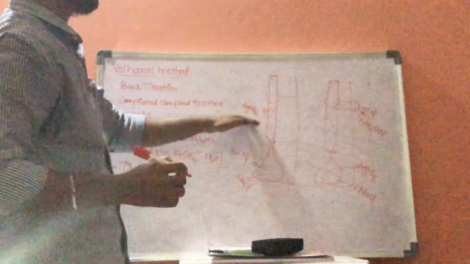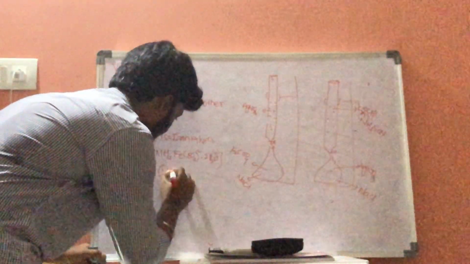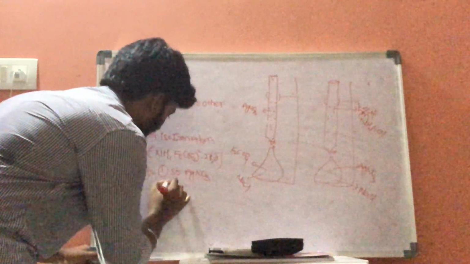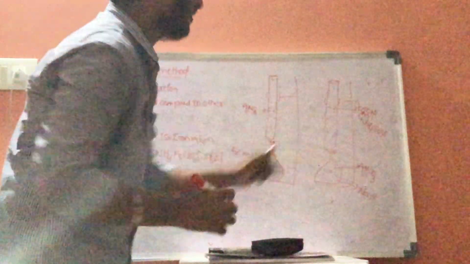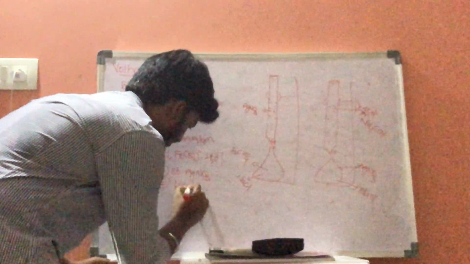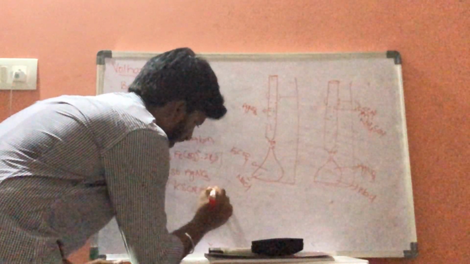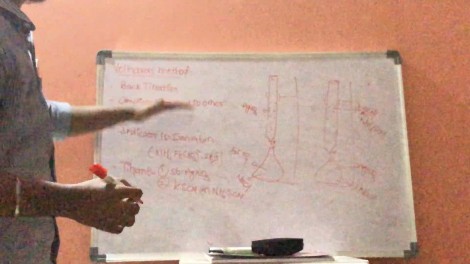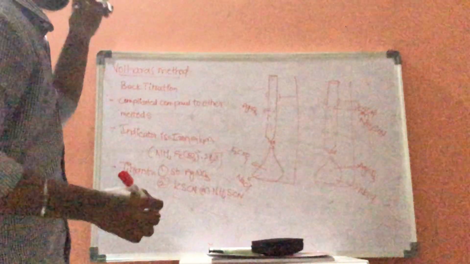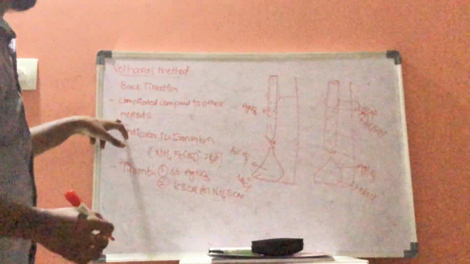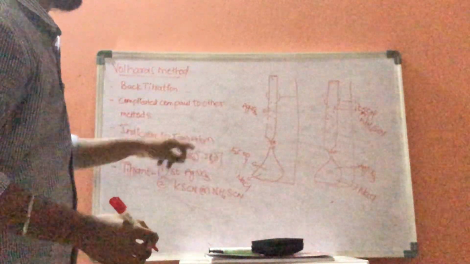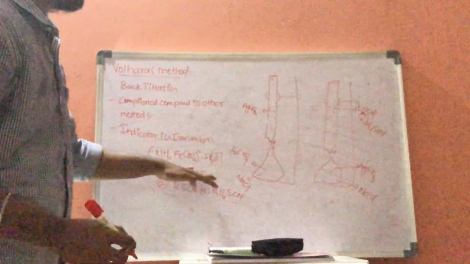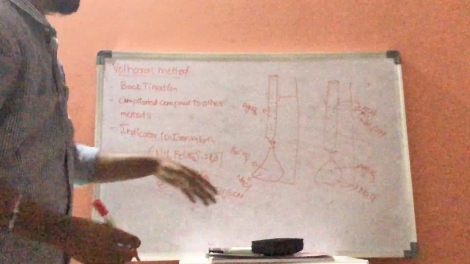The titrants used are two in number: standard silver nitrate and potassium thiocyanate or ammonium thiocyanate. It is a type of back titration and it is complicated, and the indicator is iron alum.